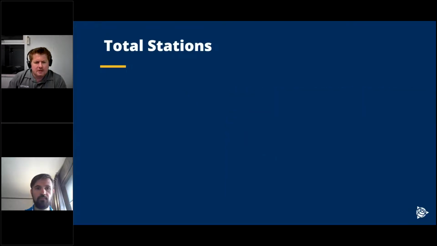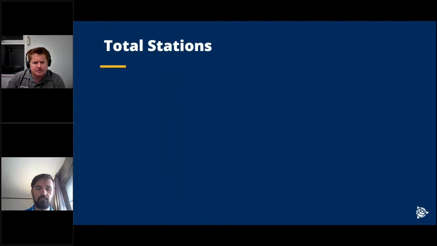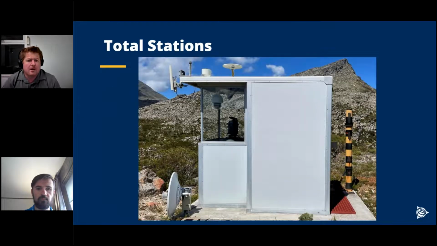Then the total station is a Trimble S8 long-range autolock total station. We tend not to use the robotic because in the way that we assemble our electronics, you don't really need a robotic total station. The autolock will do just fine. And then we've added the protective enclosure. So this is just what our enclosure looks like at the top. So there's our total station. We've even got a camera inside.